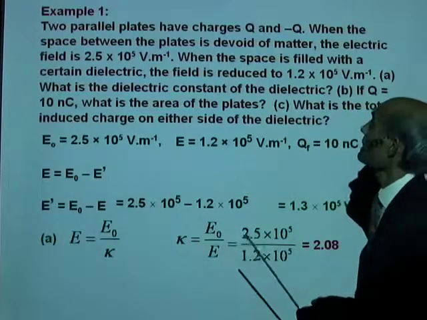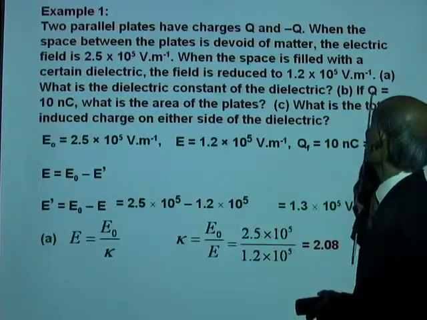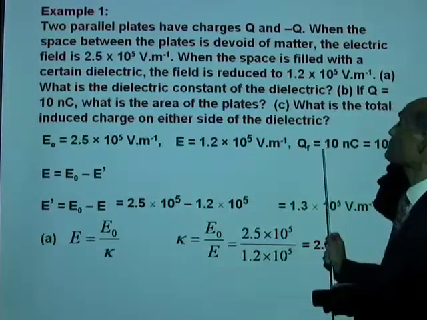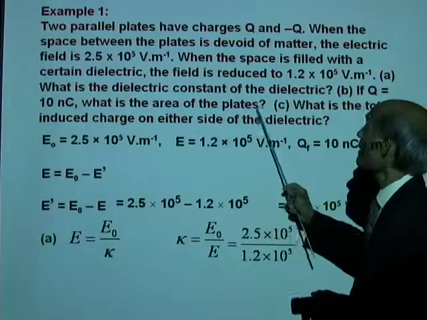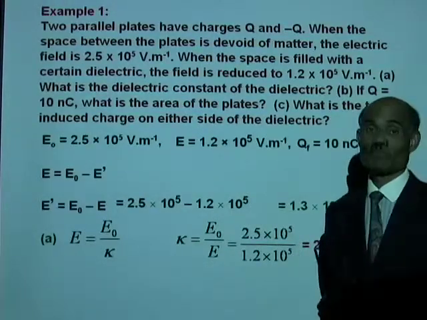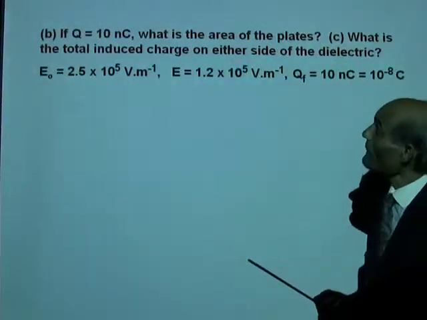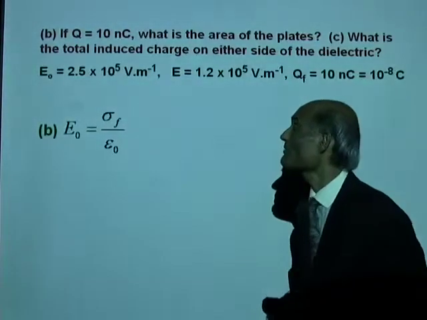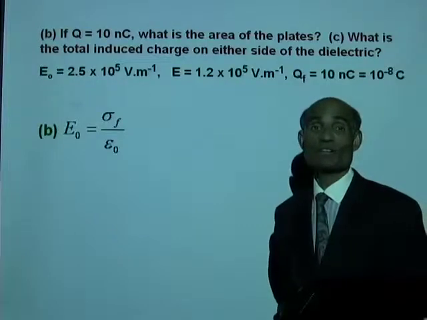Okay, what's the next question we need to answer? If Q equal to 10 nanocoulomb, that is the free charges, what is the area of the plates? Well, we have E0 equal to sigma F over epsilon naught.